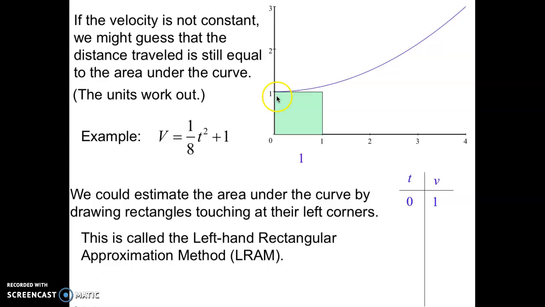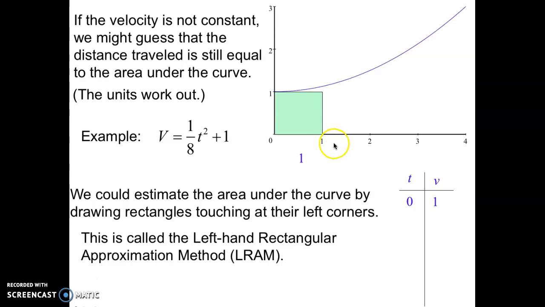My length is equal to the output of the curve when t equals 0. So when I put t equals 0 into the curve, that gives me the output, which tells me the length of my rectangle. So the length of this rectangle is 1, and the width is also 1.